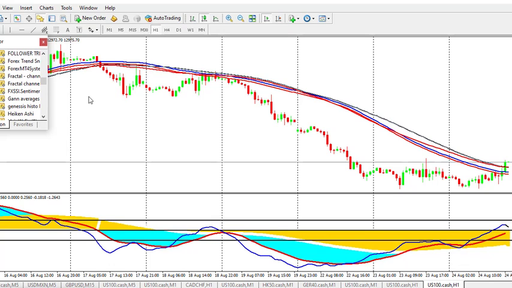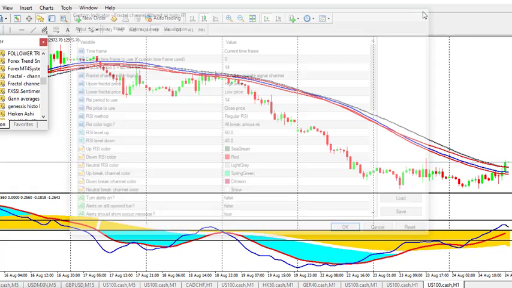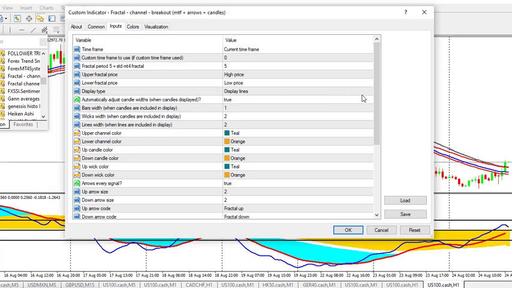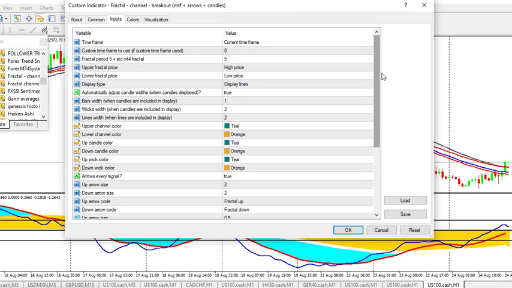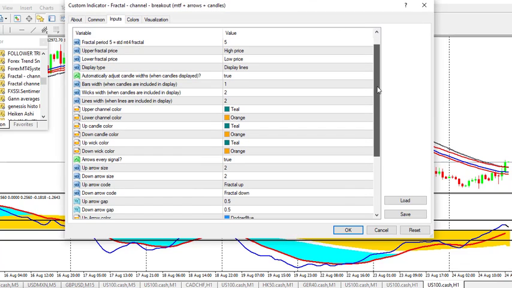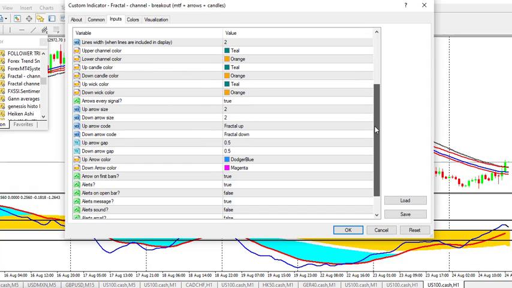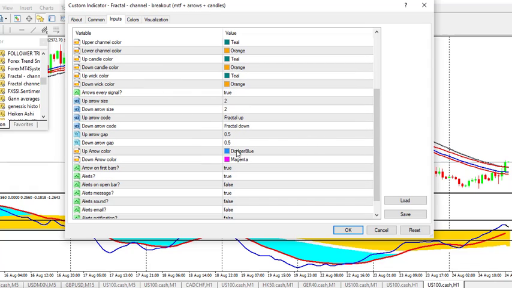The last indicator I'm going to add is the fractal indicator, and just make sure you enter the value correctly. And I'm going to change the arrow color.